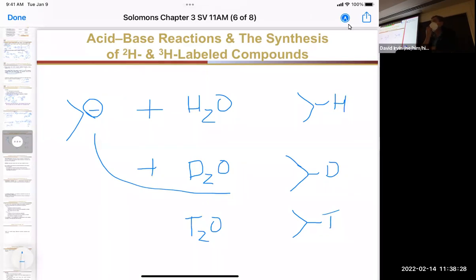So that's one of the interesting things about using these radio labels: you can use it from a mechanistic standpoint to say, hey, exactly this hydrogen came off at exactly this place, and I can prove it because of this isotope labeling experiment. Okay, let's see. Questions on acids and bases.